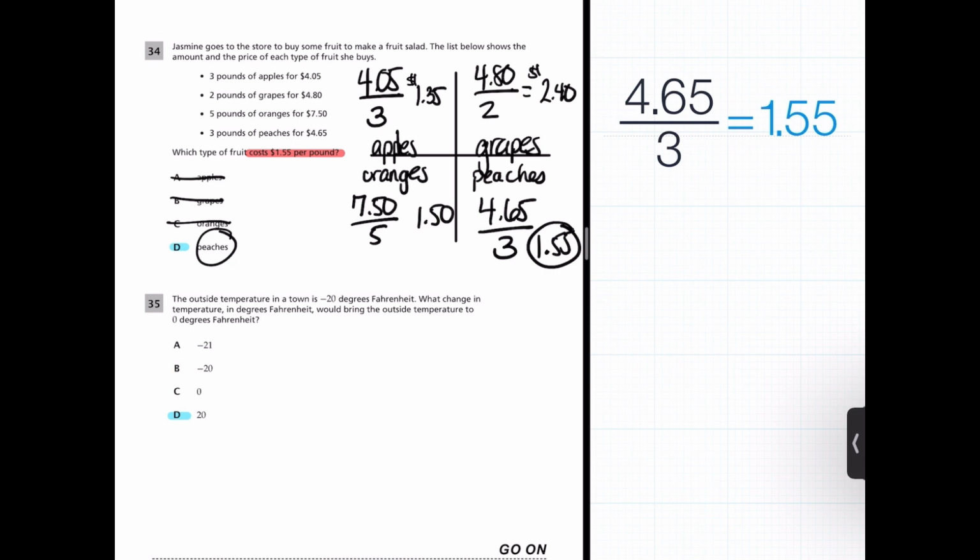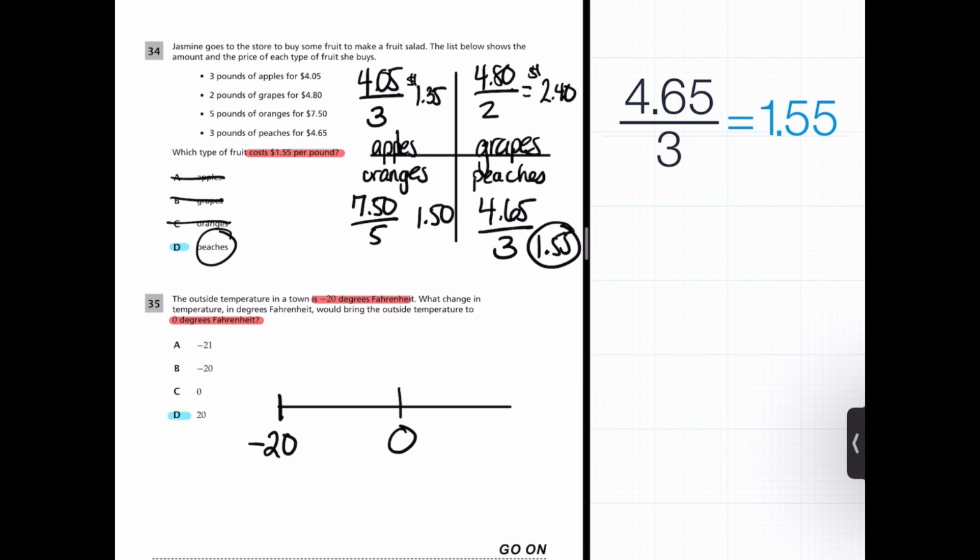The outside temperature of a town is negative 20 degrees Fahrenheit. What is the change in temperature in degrees Fahrenheit, which would bring the temperature to 0 degrees? So I'm going to make a visual for this. And here's 0. And we know that the temperature right now is negative 20. So I'm to the left of the 0.